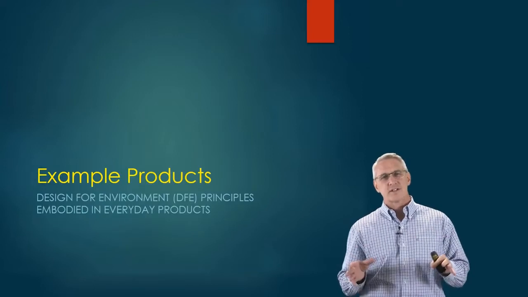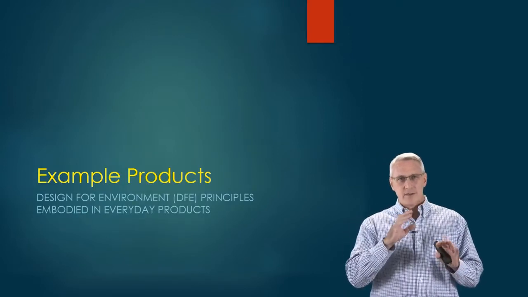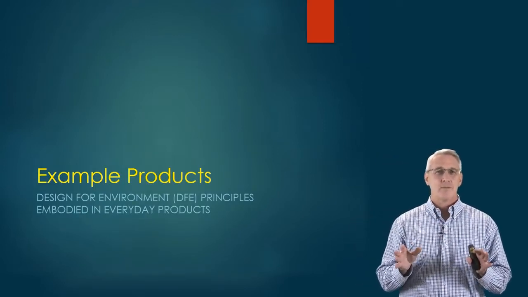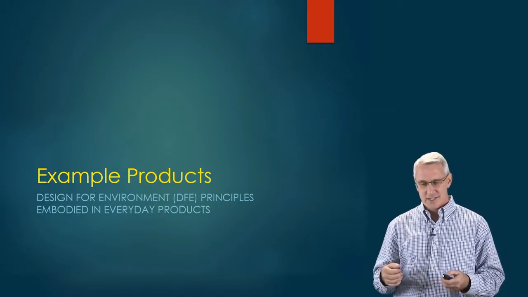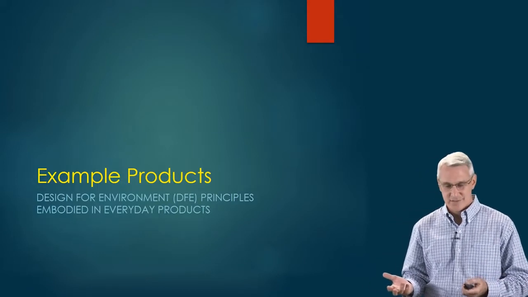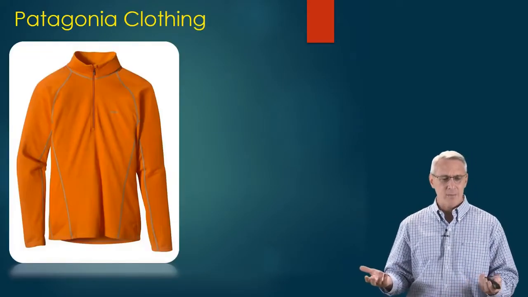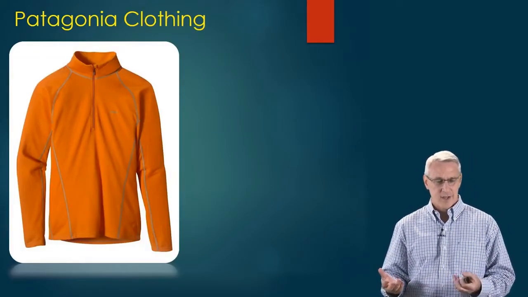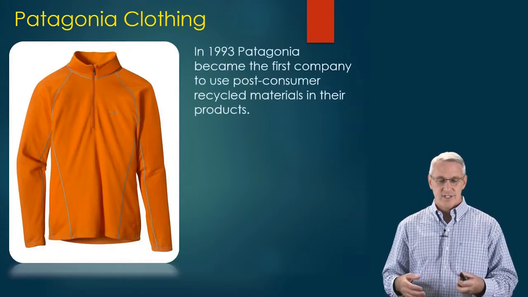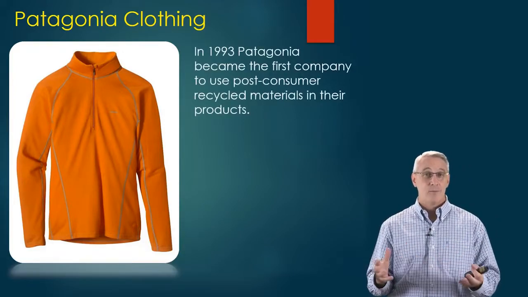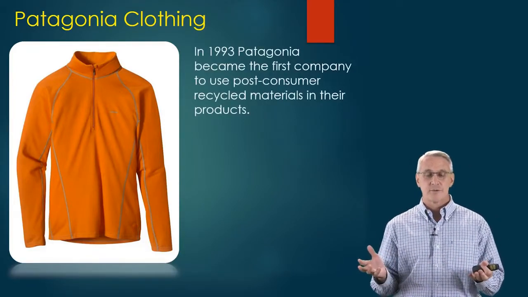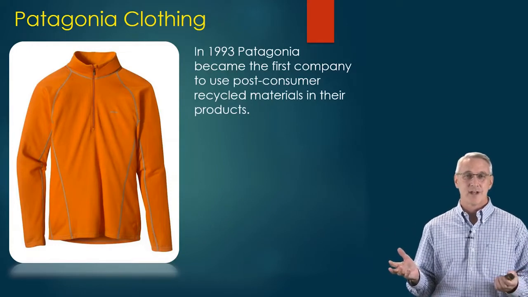First, let's look at some example products where DFE principles have been applied and embodied, in the last few decades. One is Patagonia, a successful clothing company that has really taken this to heart. In 1993, they became one of the first companies to use post-consumer recycled materials in their products.